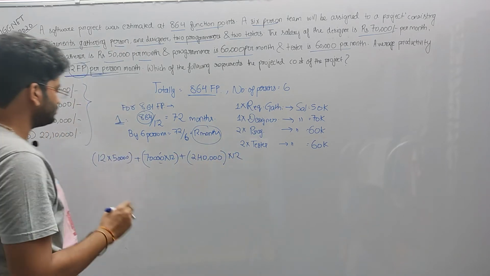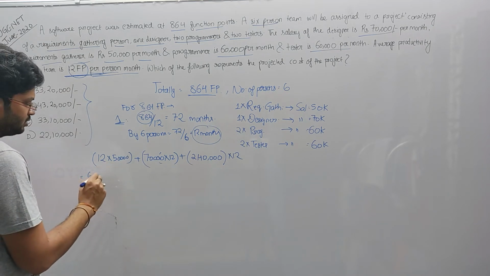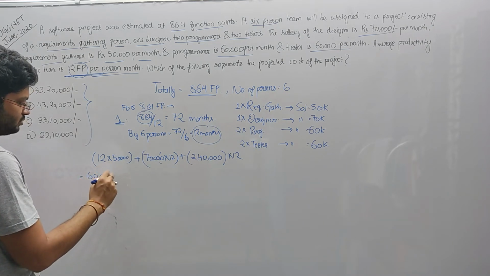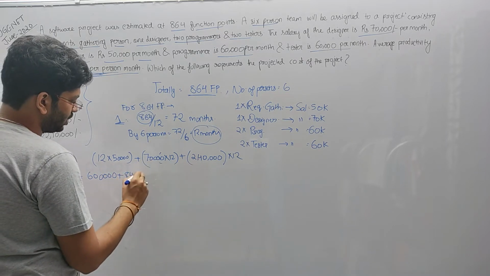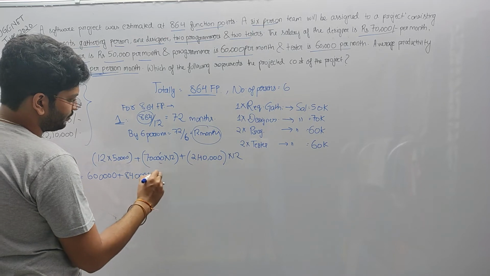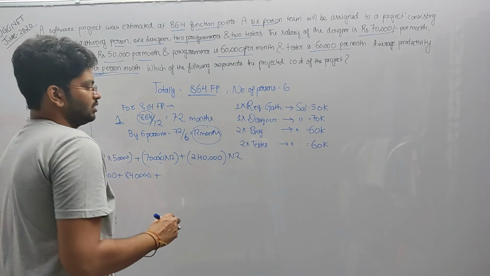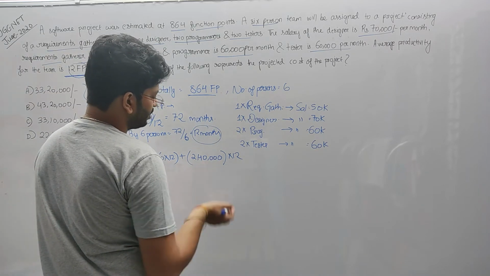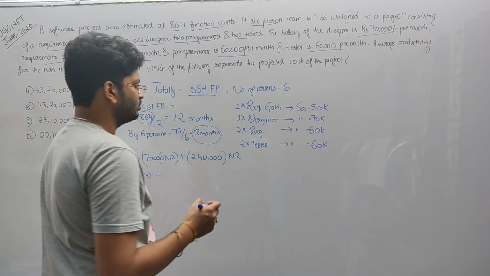Okay, so this will basically give me 12 5s are 60, with 4 zeros, 12 7s are 84, with 4 zeros, and then 24 12s. So let's see, 24 12s: 24 10s are 240, and 24 2s are 48.